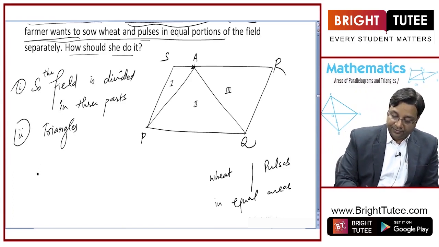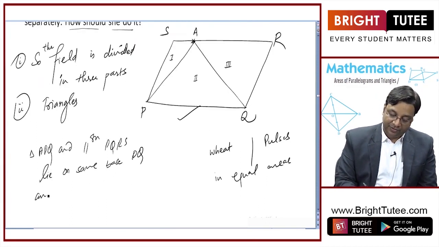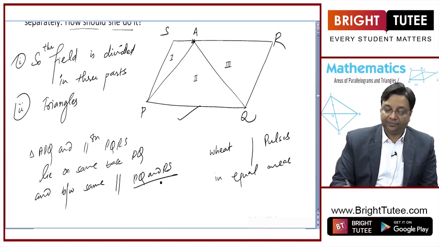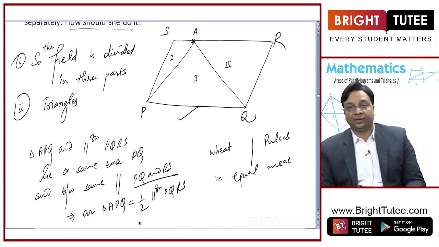Look at this triangle APQ and parallelogram PQRS lie on same base, that is PQ, right, and between same parallels PQ and RS. Okay. Hence, I can say area of triangle APQ is equal to half the area of parallelogram PQRS, right.